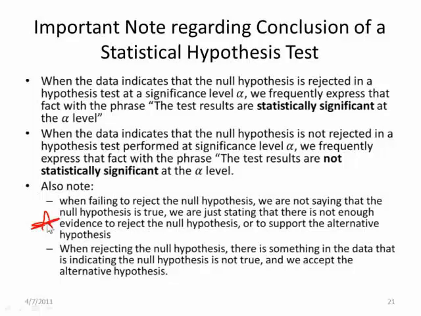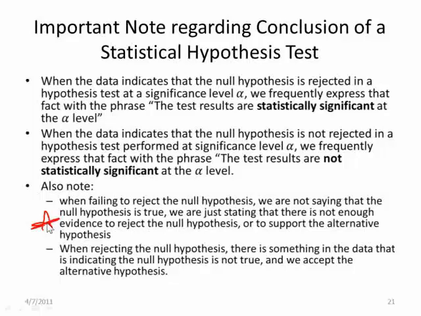So when you fail to reject the null hypothesis, again, I want to reiterate, you are not saying that the null hypothesis is true, correct, or the greatest thing since sliced bread, if you will. All you can say is that there is not enough evidence in the data to reject the null hypothesis. That's why we don't accept the null hypothesis. We fail to reject the null hypothesis.